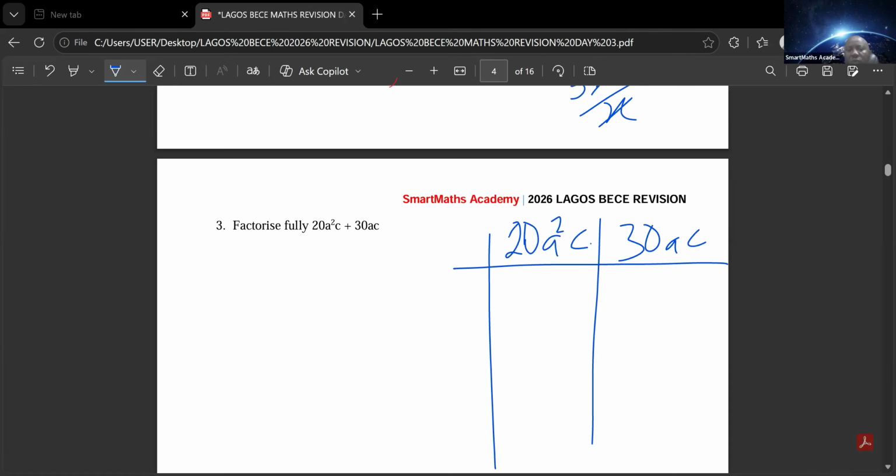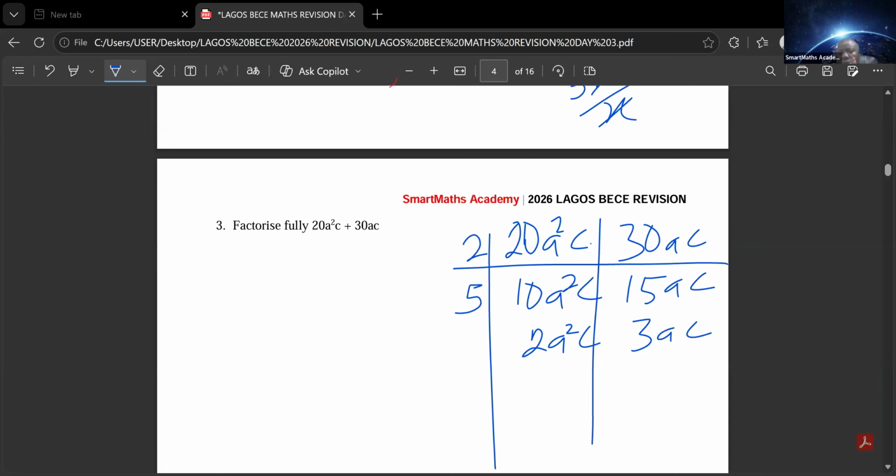The first number that can go is 2. So this will give us 10a squared c, then 15ac. 5 can go in 10 and 15. Put 5 here. That's going to be 2a squared c, then 3ac.